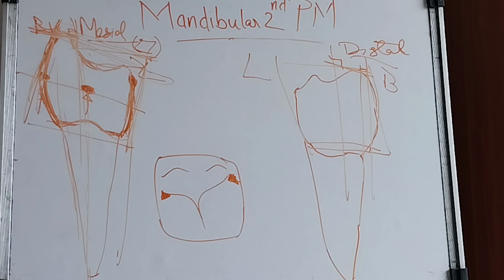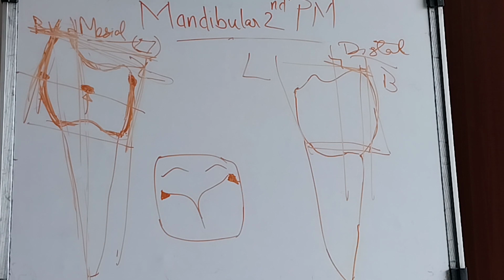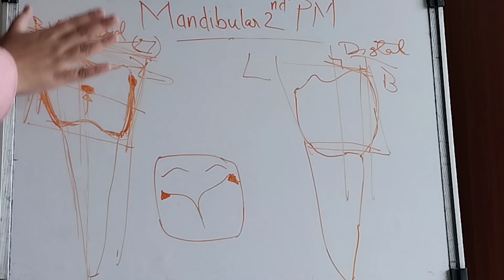Moving on, the distal surface is also smooth and convex. More of the occlusal surface can be seen than from the mesial aspect, as the distal marginal ridge is at a lower level. So for the distal, you have to imagine this in a 3D view. Here the mesial marginal ridge is at the higher level.